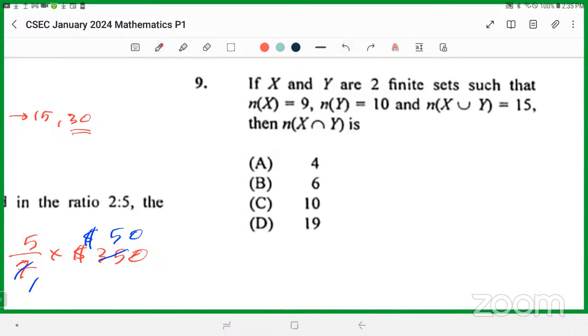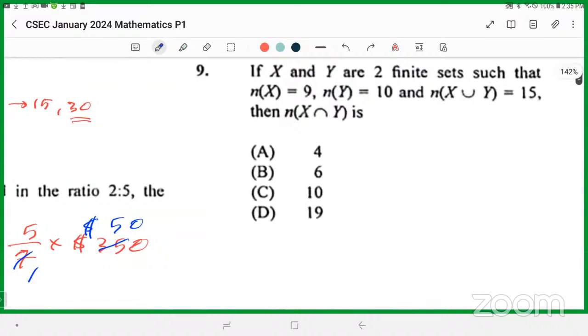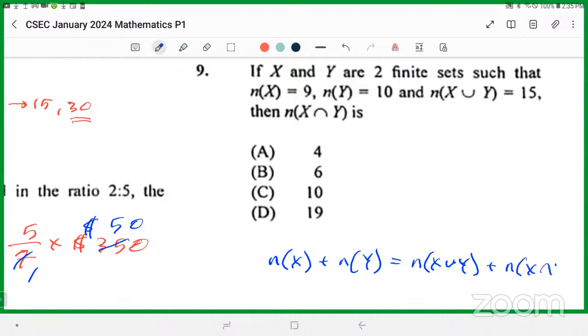So a nice formula to remember for finite sets is that the number in the first set, which is X, plus the number in the second set, which is Y, is going to be equal to the number in the union plus the number in the intersection.